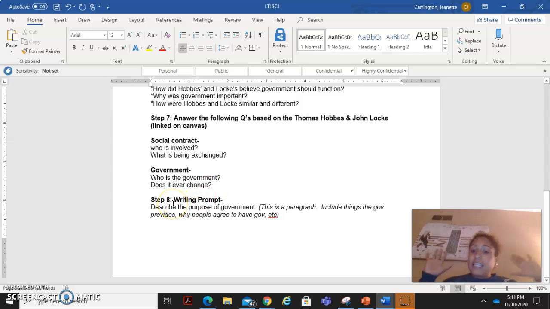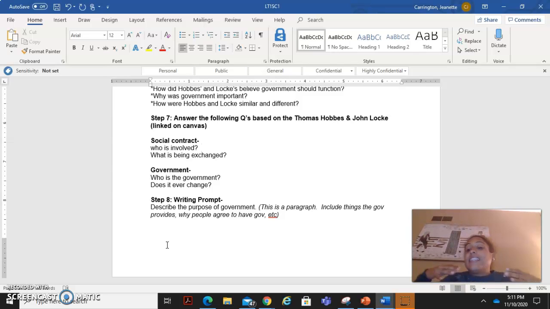And then finally, your last step, oh, you've made it to the end of your assignment. You have a short 1 paragraph writing prompt. This is a discussion in Canvas, but I would suggest you just do it here. That way you can make sure everything is spelled right and all of the assignment can be in one spot. Okay?